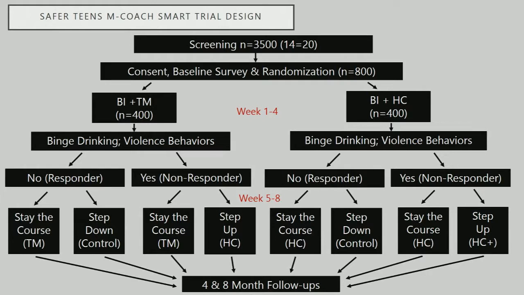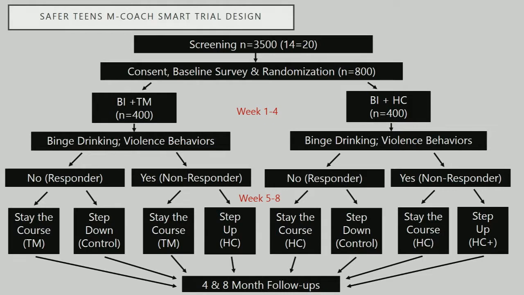At week 4, they get assessed for response in both arms, so based on binge drinking and violence behaviors. And if they're a responder, they get randomized to either stay the course and receive continued text messaging or step down to a group that just gets a pamphlet or brochure. If they're a non-responder, they get randomized again to either stay the course with the text messaging or step up to the more intensive health coach option, where they get remote therapy post-ED.